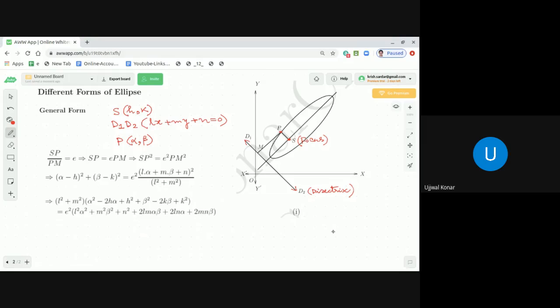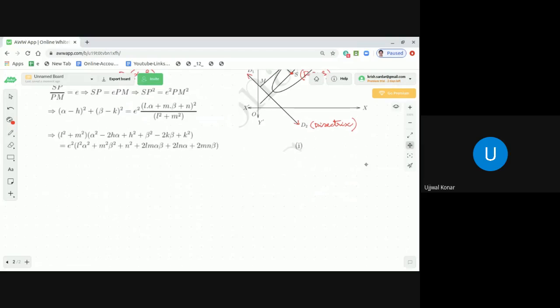L square plus M square into alpha minus H whole square plus beta minus K whole square is equal to E square into L alpha plus M beta plus N whole square. A plus B plus C whole square formula we have expanded. It is very easy at this level.